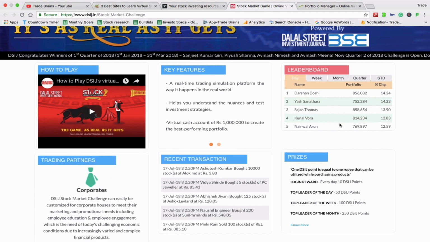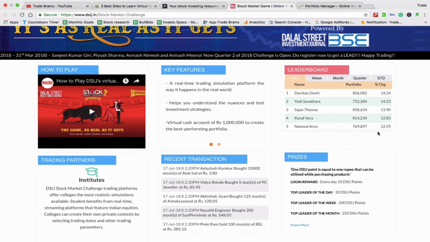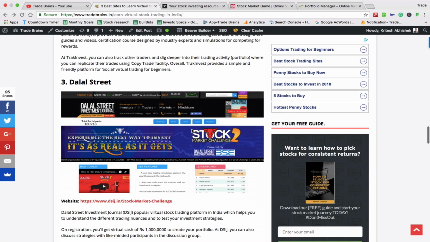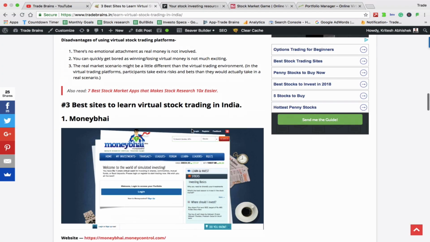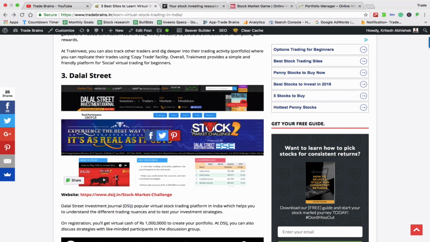And again, here you can also compete with different people, like where they are investing, how much profits they have. So you can also learn the strategies by copying others or looking at their investment. So these are the three best websites to learn stock market investing, virtual stock trading in India. The first is Money Control, second is Track Invest, and the third is the Dalal Street Journal.